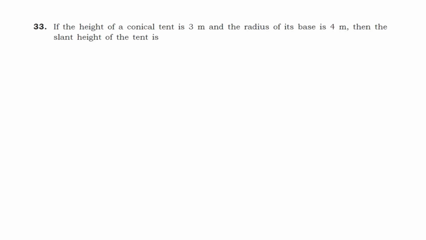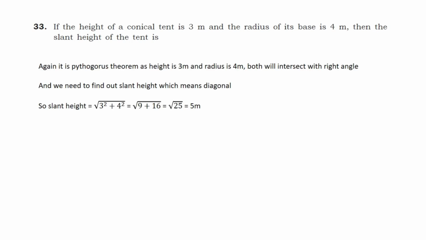So next one, if the height of a conical tent is 3 meters and the radius of its base is 4 meters, then the slant height of the tent is. Again it is the Pythagoras theorem. If you observe, we are using the Pythagoras theorem for the 4th or 5th time in this question paper. That much important, the right angle triangle or the Pythagoras theorem.